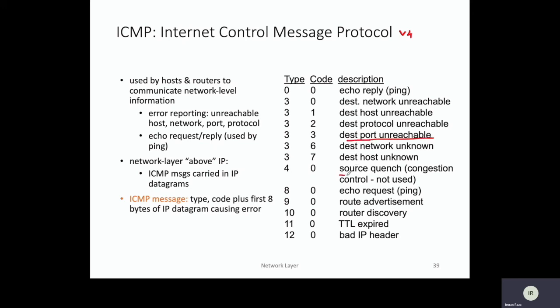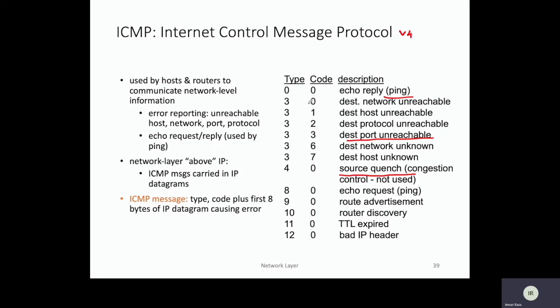Remember in the last class we talked about the source quench message, where we can use it to control congestion, right? Or especially when you send a ping command, packet internet groper, we receive this echo reply having type 0 and code 0, right?